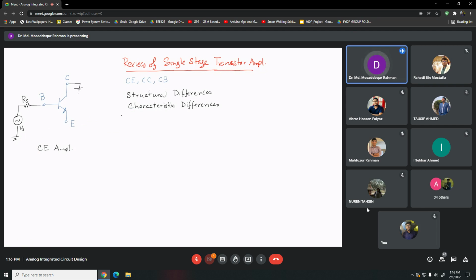Common collector will be grounded. And we apply the input at the base again and take the output from the emitter. The output is taken from the emitter. So this is our common collector amplifier.